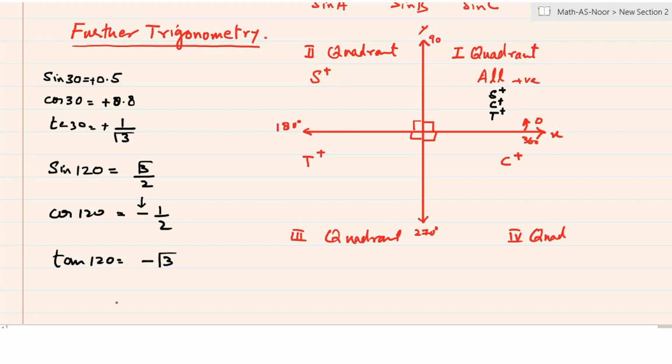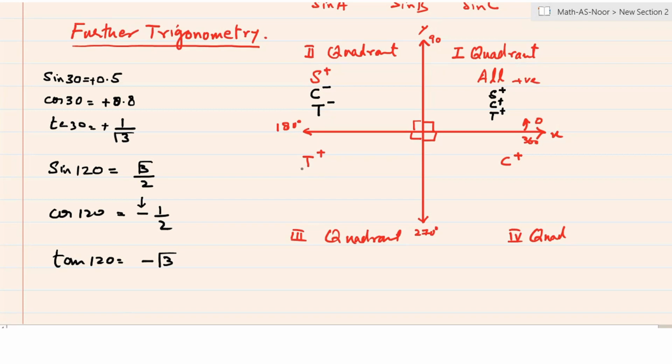So when we are saying all are positive, it means sine, cos and tan at an acute angle will give you a positive answer. When we say that in the second quadrant sine is positive, any obtuse angle from the second quadrant will give you a positive answer with sine, but with cos it will give you a negative answer, and with tan it will give you a negative answer.